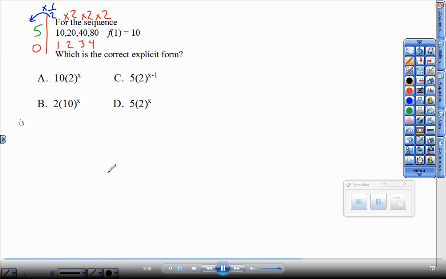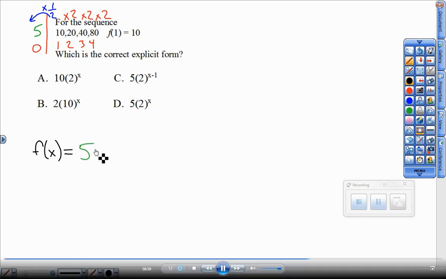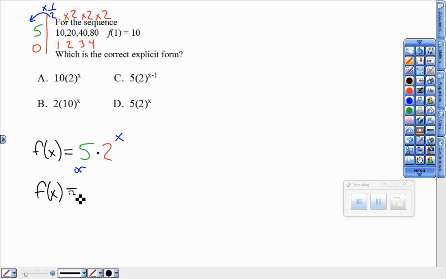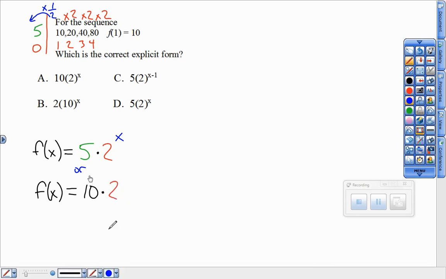And then again, I would suggest not looking at these choices, but just write the answers that you know. F of x for these explicit geometrics is the 0 term times r raised to just the x power. Or I could write it as f of x equals the first term 10 times that same r number 2 raised to the x minus 1 power.